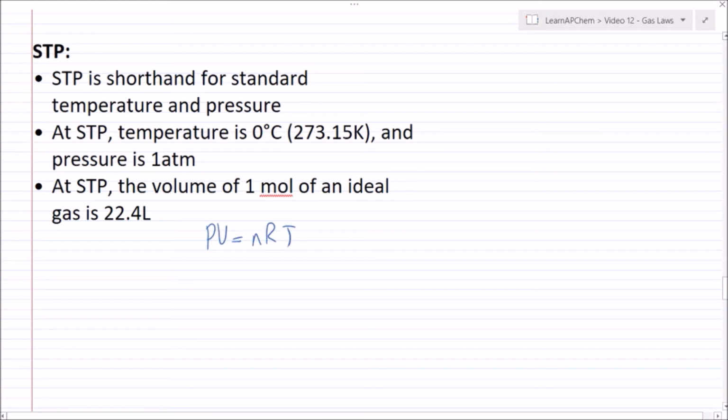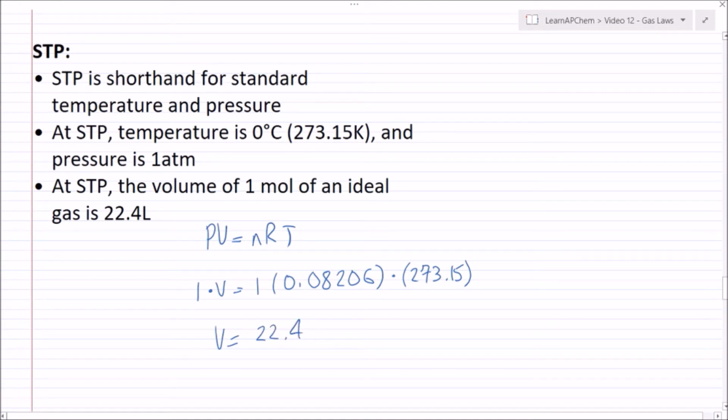So at STP, we know our pressure is just 1. Our V is unknown. Our n we're saying here is 1. R is 0.08206 times T, which is 273.15. And if I multiply this through, I end up with 22.4.